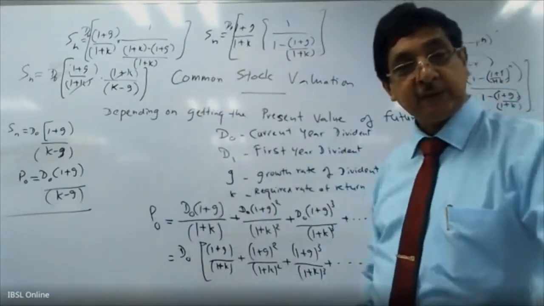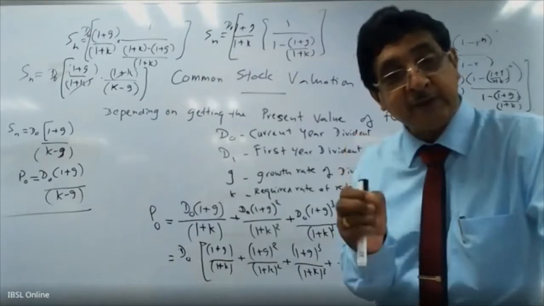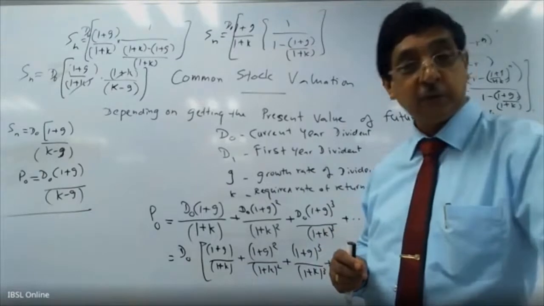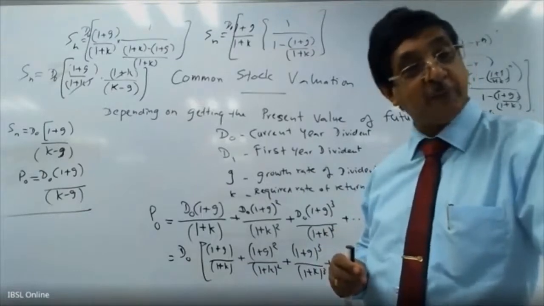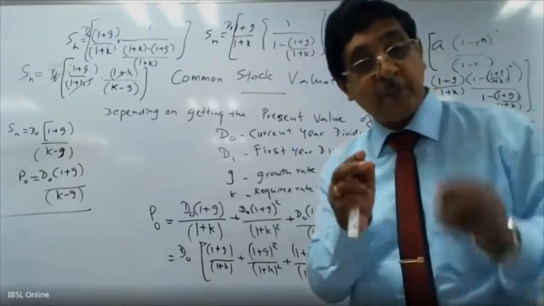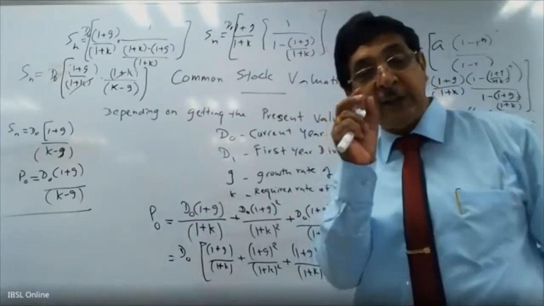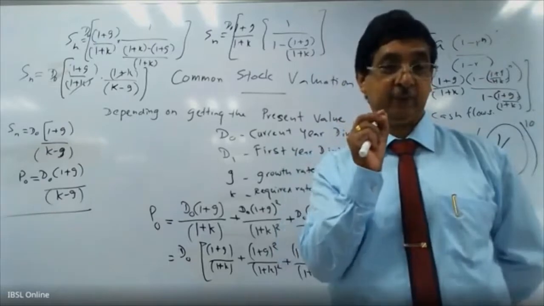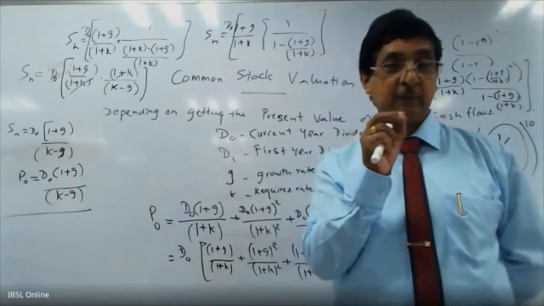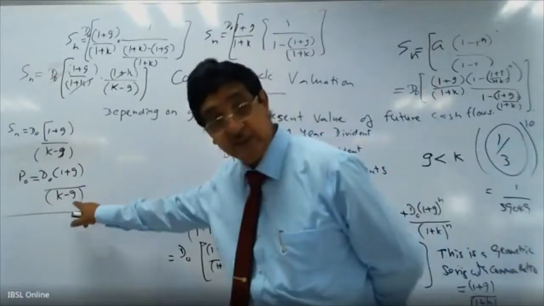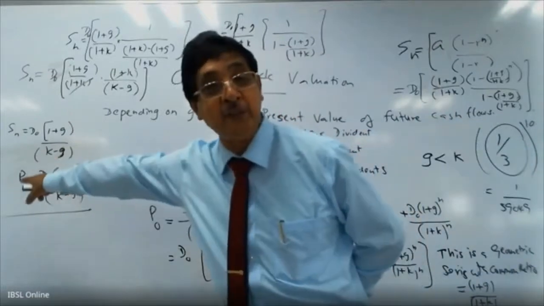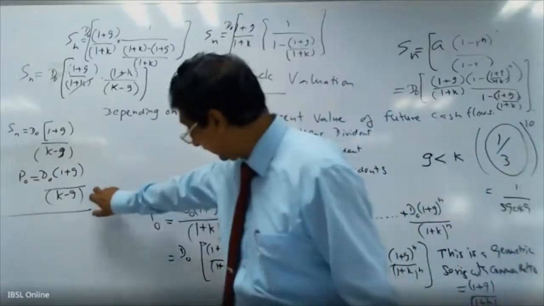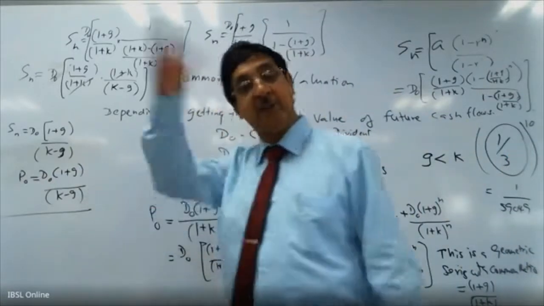Yes. If the growth rate of dividends is very close to K, what will happen to K minus G? It will become a minute figure, very small figure. Smaller this figure, higher the value of P. You understand that? Smaller this figure, the denominator, you get a higher value.